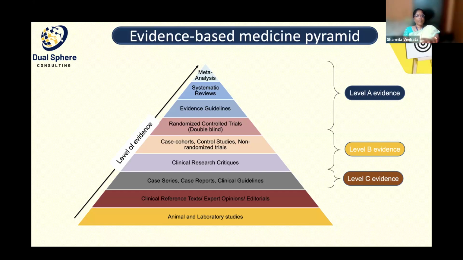And when it comes to levels of evidence, level A, level B, and level C: level A is high quality evidence, often from multiple RCTs or meta-analyses; level B is moderate quality evidence from cohort studies or single RCTs; and level C is lower quality evidence from case control studies and expert opinions. This pyramid helps us understand why not all evidence is equal, but also why every study type has its place.